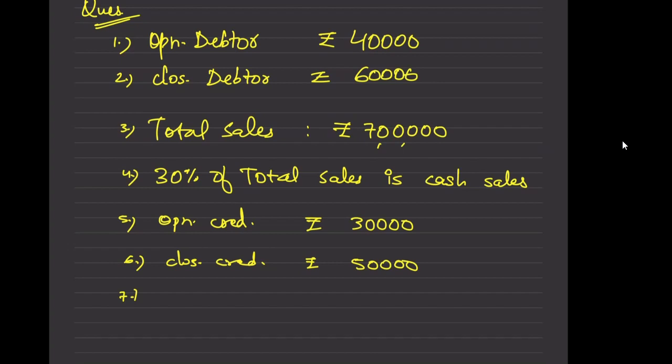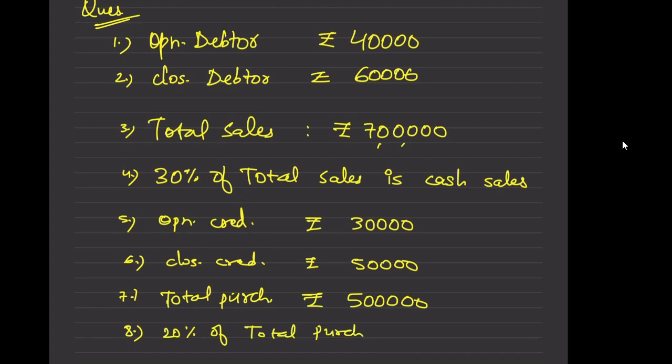This would be seventh. Total purchases would be rupees 5 lakhs. And last information, 20% of total purchases is cash purchases.